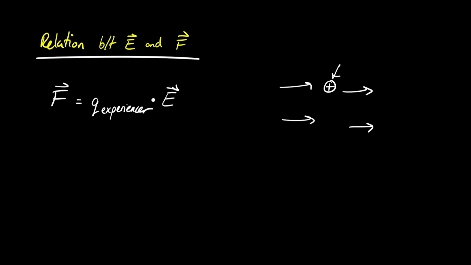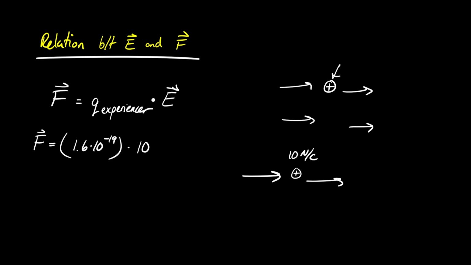So, for example, if I have an electric field of 10 newtons per coulomb, and I put in a proton, the force would just be the charge of the experiencer, so 1.6 times 10 to the negative 19th, times the size of the electric field, which is 10. So this would be 1.6 times 10 to the negative 18th newtons. And of course, it would be directed along the direction of the electric field, right?